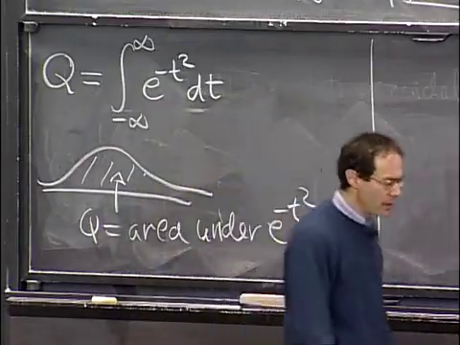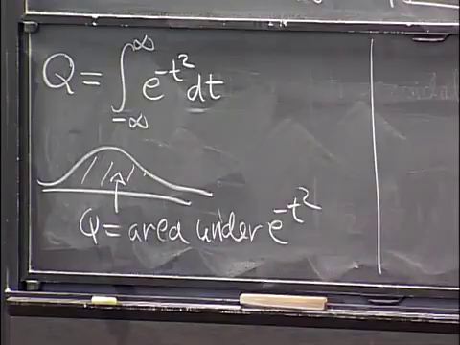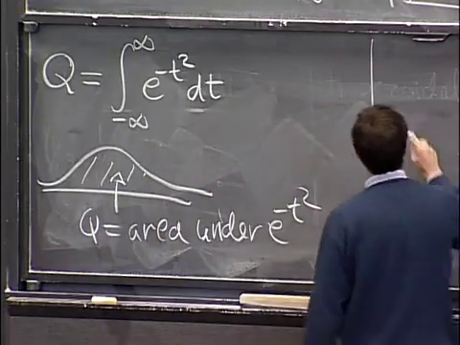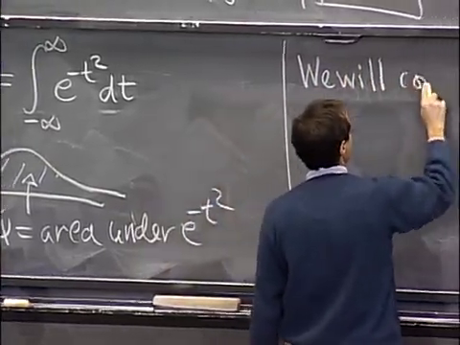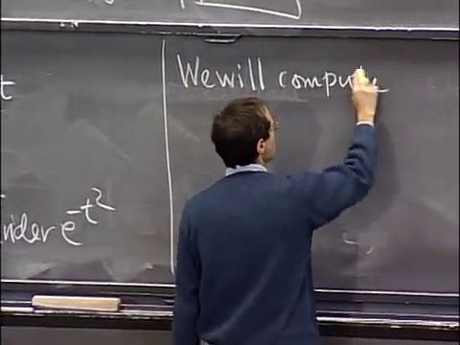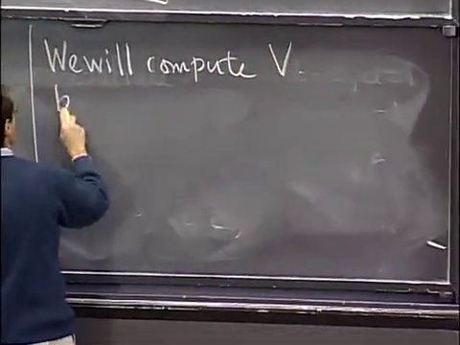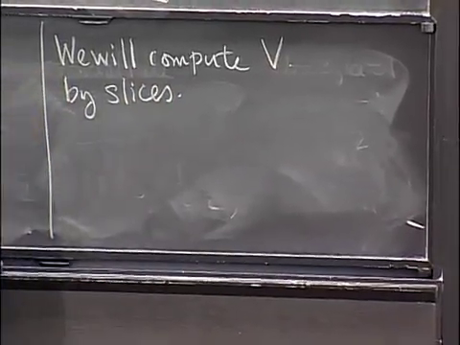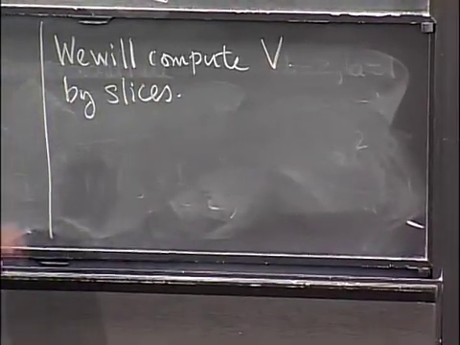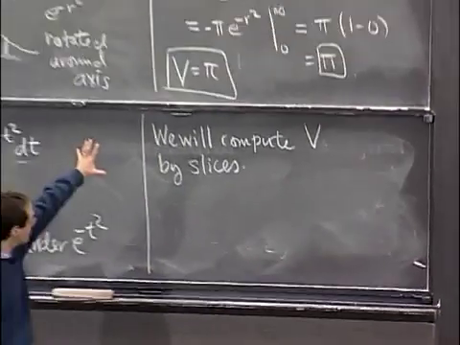Now, what's going to turn out to happen is this. This is the trick. We're going to compute V in a different way. And you'll see it laid out in just a second. We will compute V by slices. We're going to slice it like a piece of bread here. We're going to solve for that same thing here.